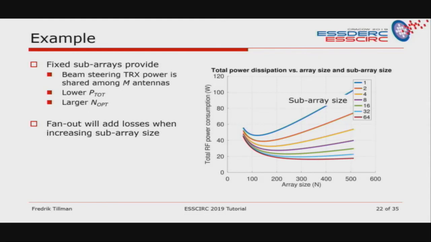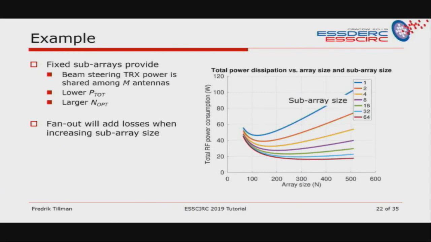So they will all be the same on the left-hand side, whereas on the right-hand side, when you scale up the antenna arrays, if you have larger subarrays, then you will have a smaller impact from the upscale of transceivers needed to feed the subarrays. Therefore, it's advantageous here to have large subarrays. So the bigger the subarrays, the better it is in this regard.